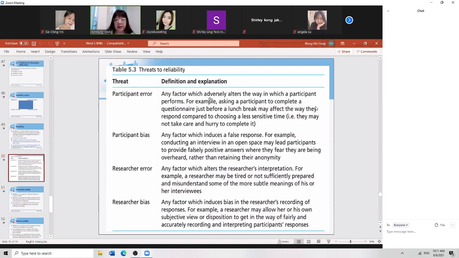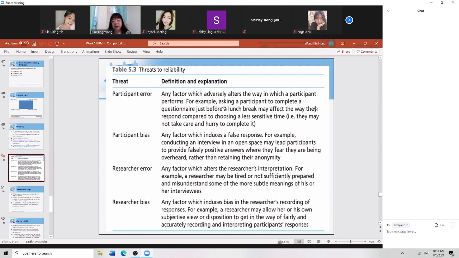So participant errors. You need to know that when we do data collection, this error is naturally there. Any factors which adversely alter the way in which a participant performs is participant error. For example, asking a participant to complete a questionnaire just before lunch break may affect the way they respond compared to choosing a less sensitive time.